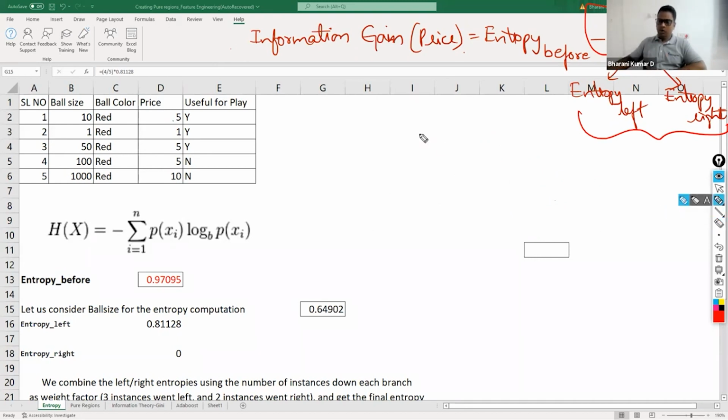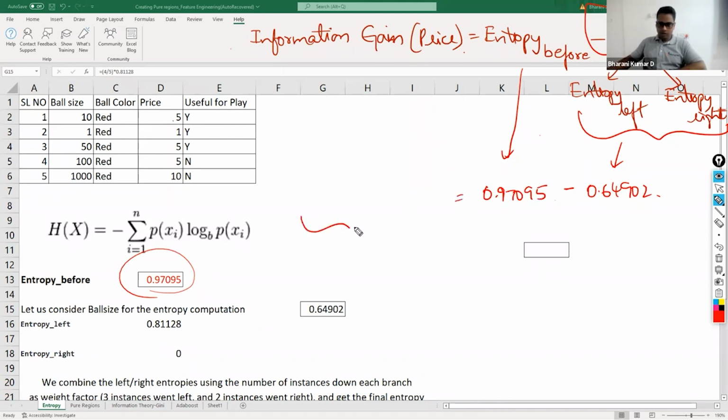So we got entropy after as 0.64902. And what is entropy before? 0.97095.